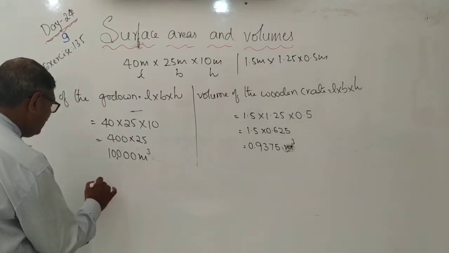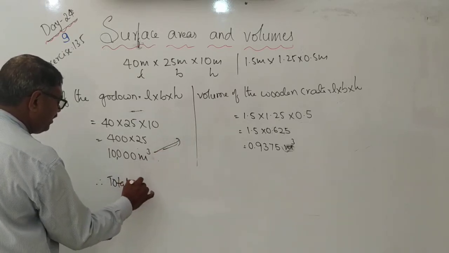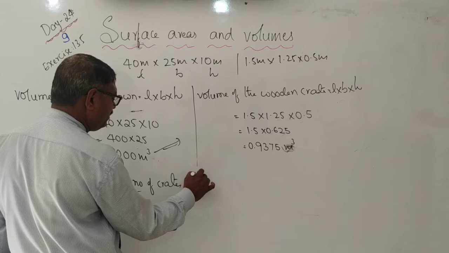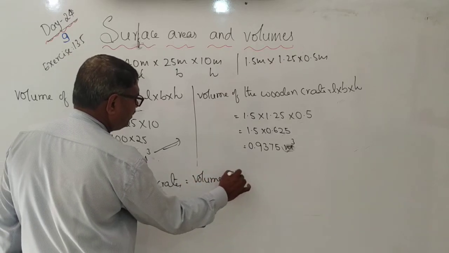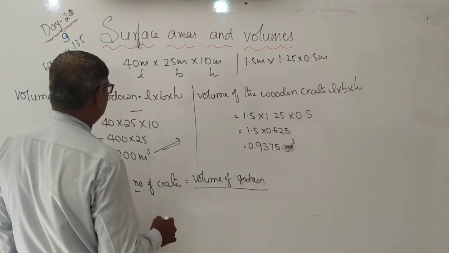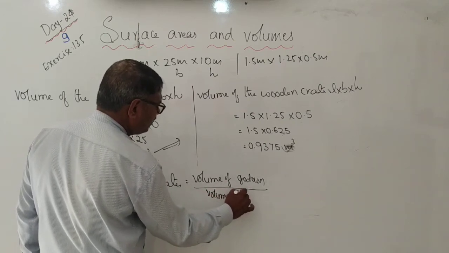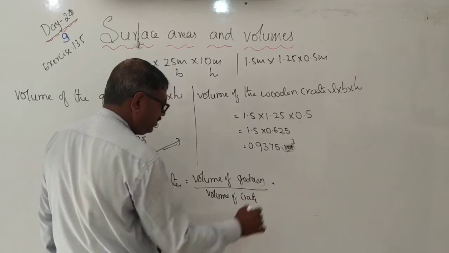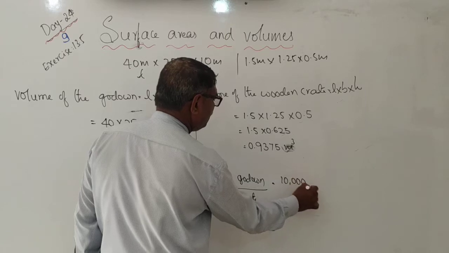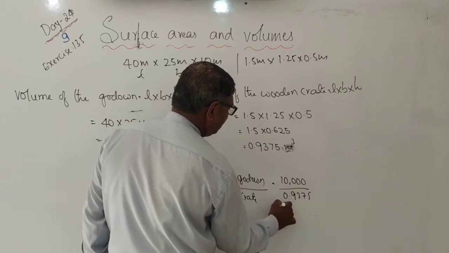So the total number of crates is equal to volume of the godown divided by volume of the crate, that is 10,000 divided by 0.9375.